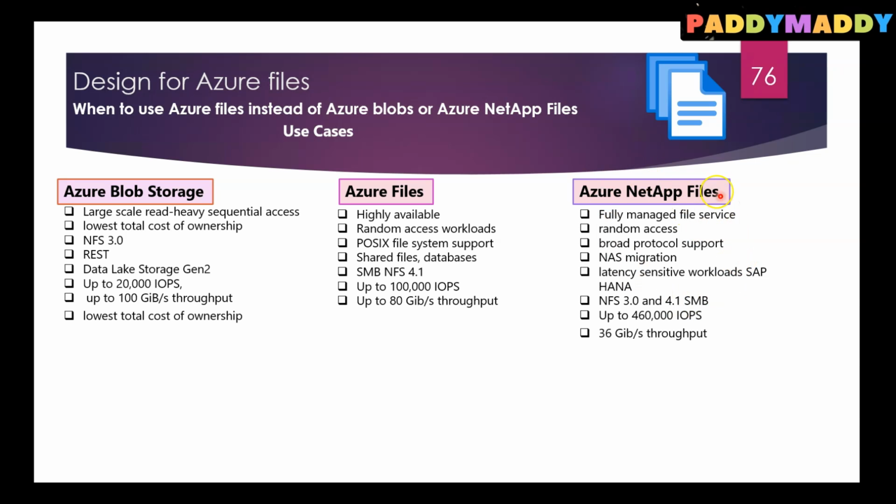A lot of protocols can be supported, because not every application supports all of these Blob storage or file options; applications work based on some kind of protocol. So if you're looking for broad protocol support, Azure NetApp would definitely be the right choice for your design. It also supports data protection capabilities.